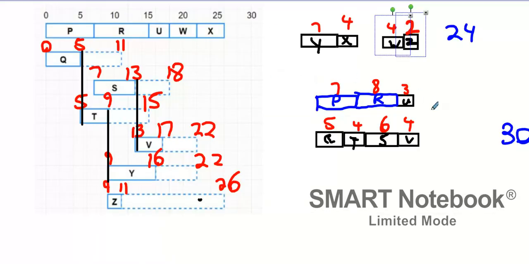Now, is there anywhere we could change this around so that we get more time somewhere? I'm thinking we might. Which one's in the lead currently? Why don't we put YX here?